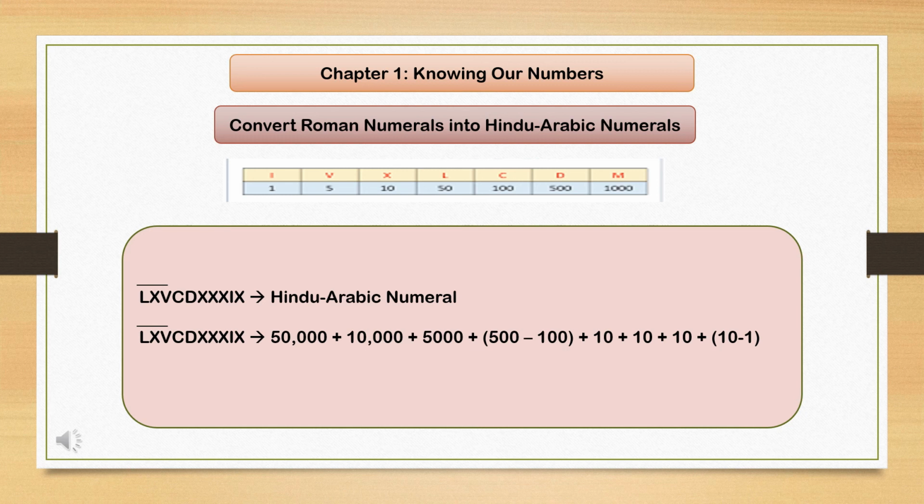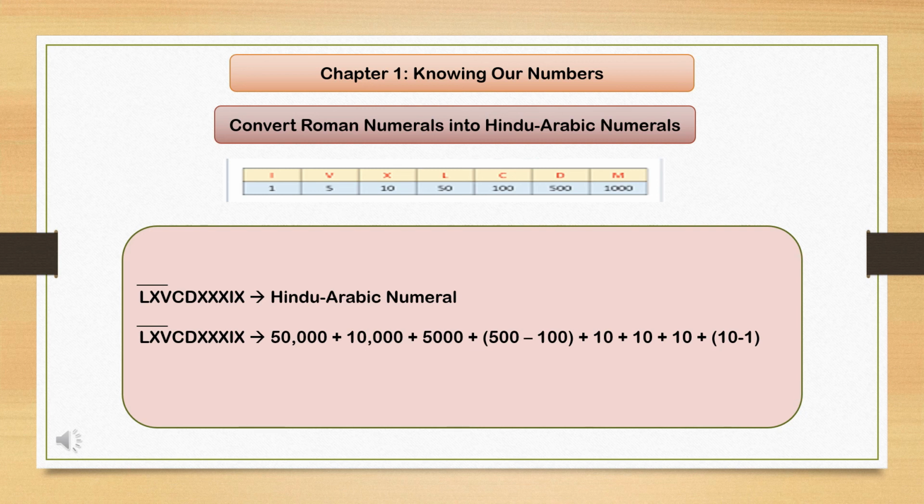So we know that L bar is equal to 50,000, X bar is 10,000, V bar is 5,000. Next we have CD. We know that the value of C is less than the value of D. That means 100 is subtracted from 500. So we will write within the brackets 500 minus 100.